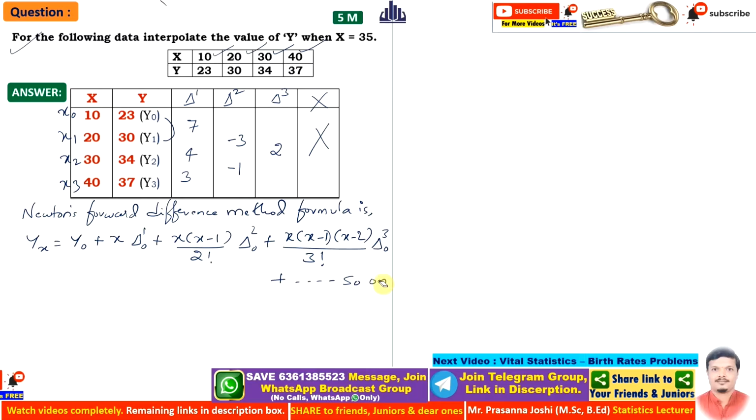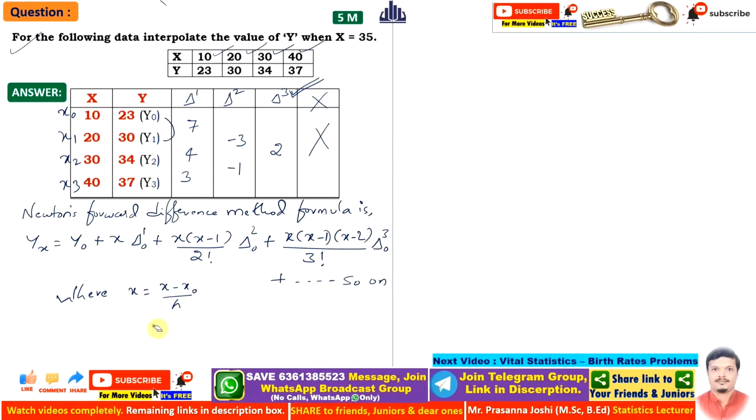We can stop at delta0 3 only, because delta 3 values alone we can calculate, where x equal to x minus x naught divided by h.